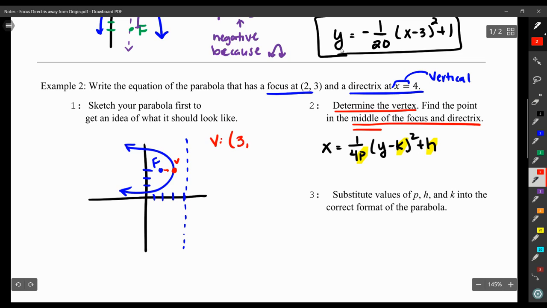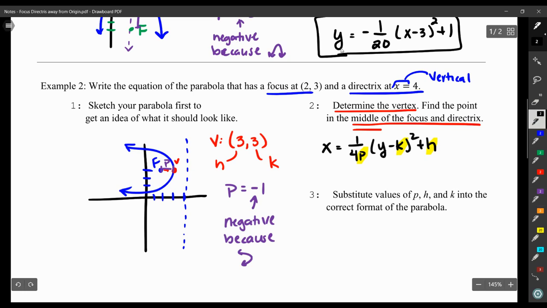So a 3, 3. So h is a 3, k is also a 3. For the value of p, well, we kind of already found that out. I know that the focus and the vertex are 1 away from each other. But because the parabola is facing left, my p is actually going to be a -1. So it's negative because the parabola opens left.